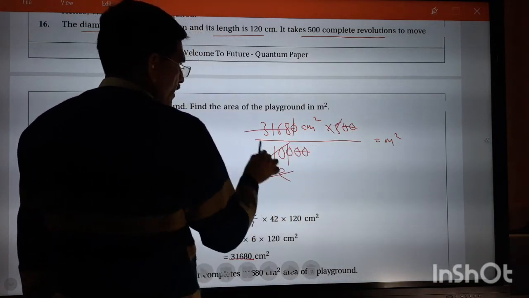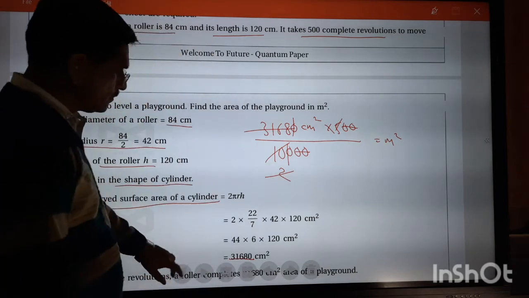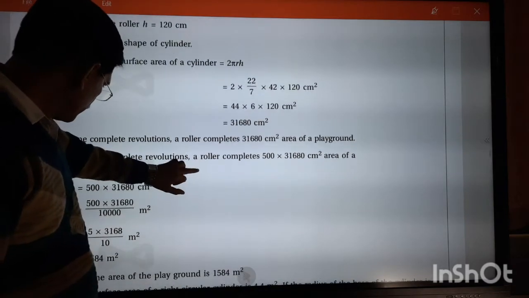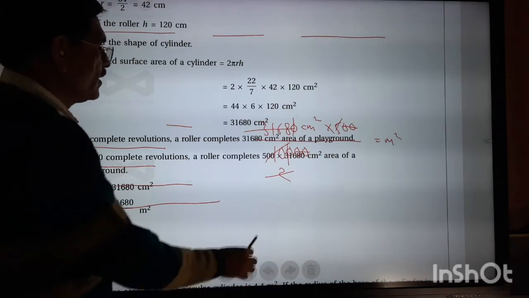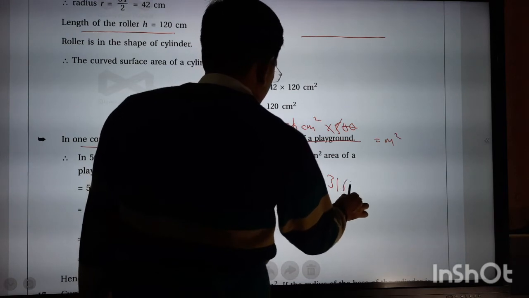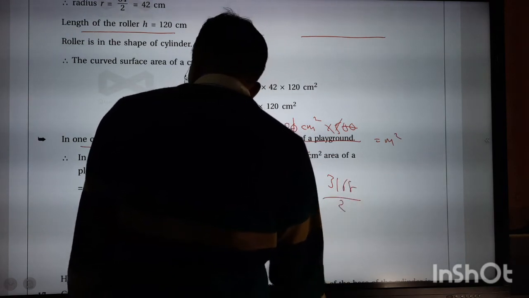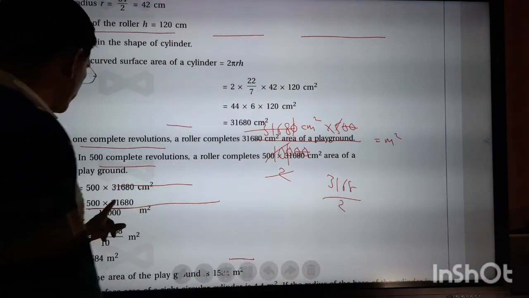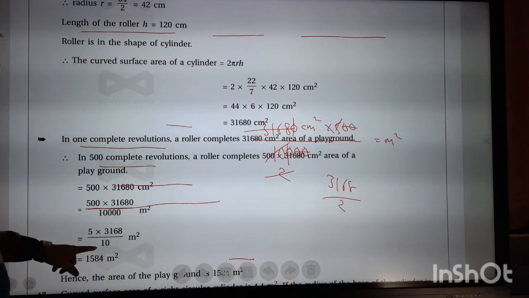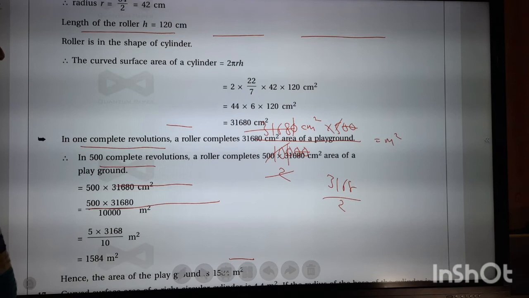If I divide it, 3168 divided by 2. See, the same sum I am doing here: 500 revolutions divided by 10,000. So the answer must be in meter square.